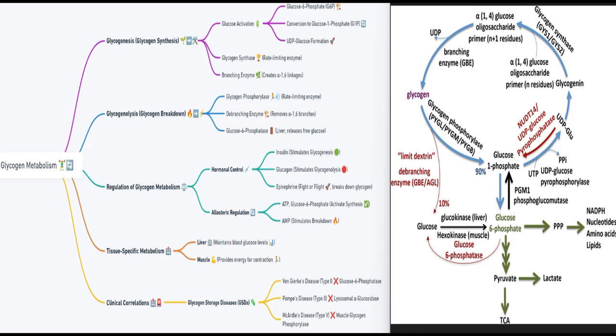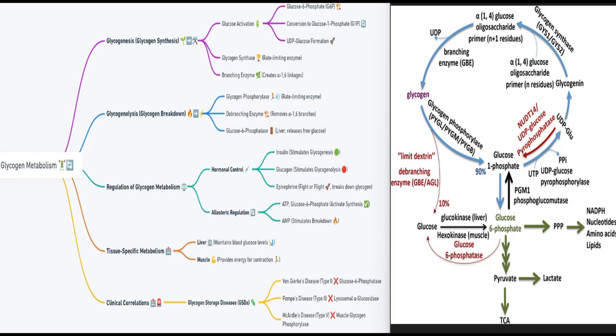Type 1 is von Gierke disease, where the deficient enzyme is glucose 6-phosphatase, incidence 1 in 200,000, and the site of deficiency is the liver and kidneys. Another is the lysosomal glycosidase deficiency, 1 in 200,000, which is Pompe's disease, type 2, and it occurs in all tissues.